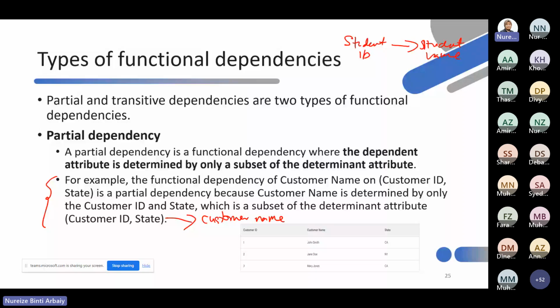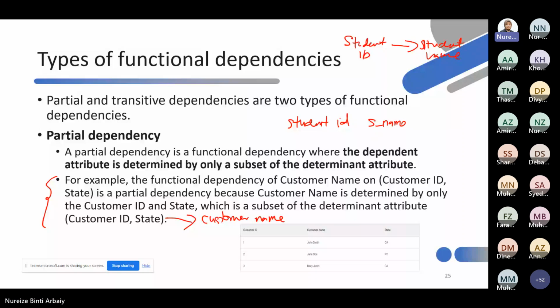In another situation, for example, student ID, and then we have student name, and the course fee.